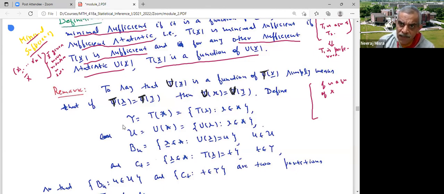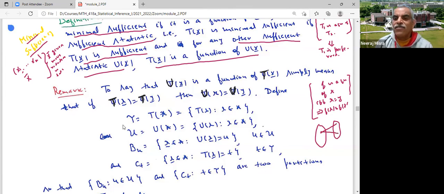So f is a function of x if and only if x equal to y implies f(x) equal to f(y). Why? Because the same point x cannot go to two different points. So if x is the same as y, f(x) has to be the same as f(y). You cannot have this kind of a situation: this is the same point and it is going to two different points. This is not a function.